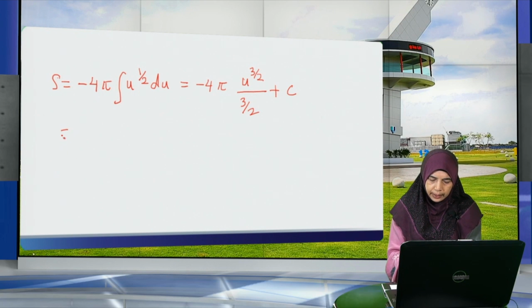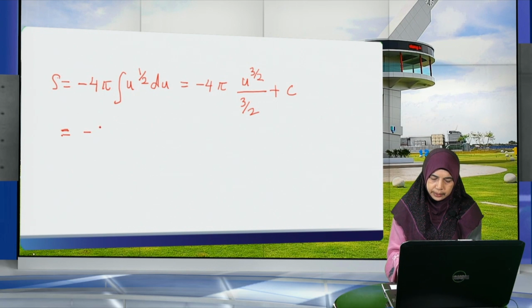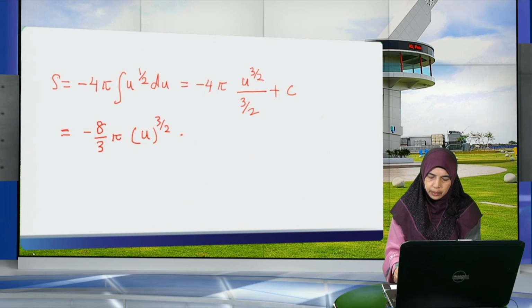We will then have it to be equivalent to, because dividing by 3 over 2 is the same thing as multiplying by 2 over 3. So 2 multiplied by minus 4 will give us minus 8, divided by 3, pi, and u to the power of 3 over 2 plus c.